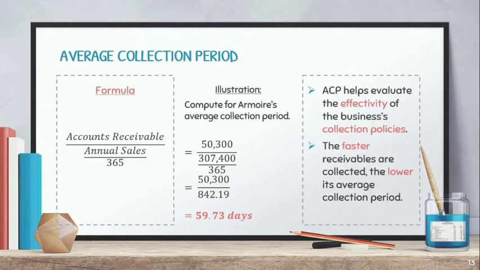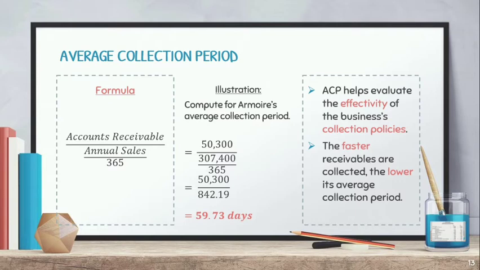ACP helps evaluate the effectivity of the business collection policies. The faster receivables are collected, the lower its average collection period. So, depende ra pud ang atong interpretation ani sa atong company policy. So, for example, nag-set ta og standard nga dapat ang atong receivable ma-collect within 50 days. Unya ang atong ACP nga na-compute is 59.73 days. So late ka og 9.73 days.